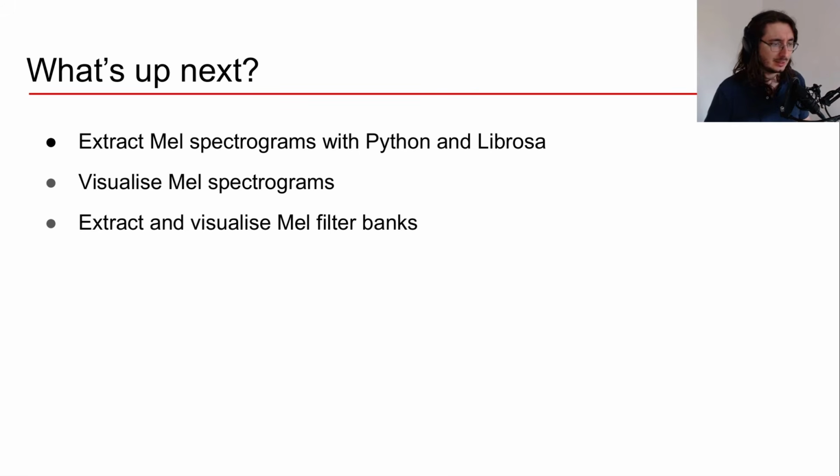We'll be extracting Mel spectrograms from audio files using Python and Librosa. Librosa has a lot of very nice utility functions that will save us a lot of time. Then we'll visualize Mel spectrograms. And then we'll also try to extract and visualize Mel Filter Banks so that you can actually understand and see how we can represent them and what they actually represent.